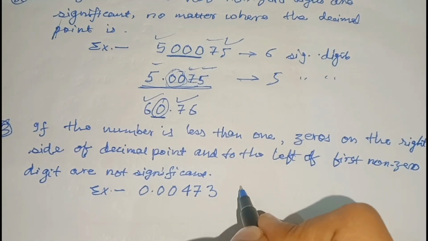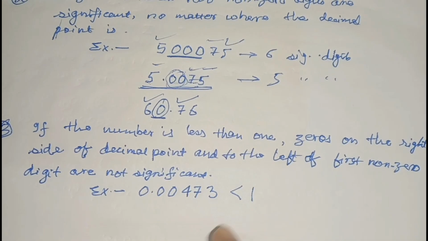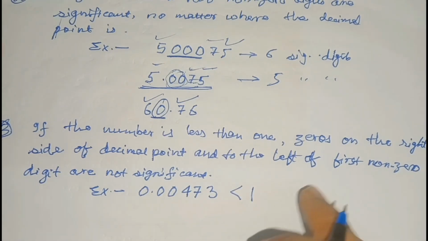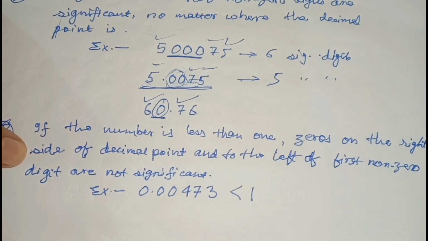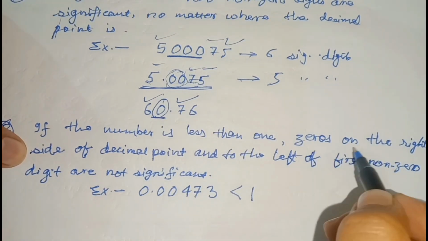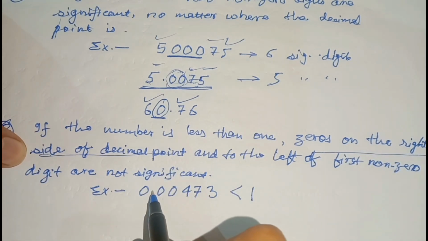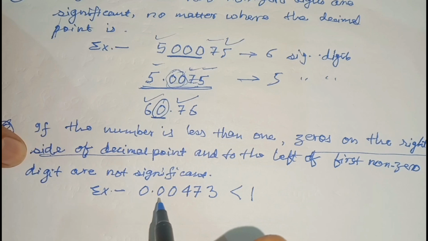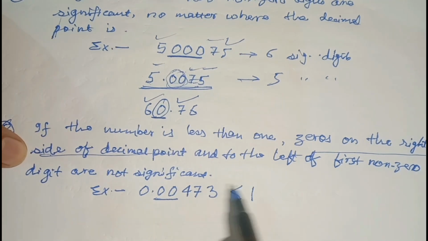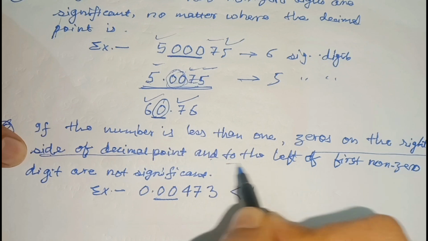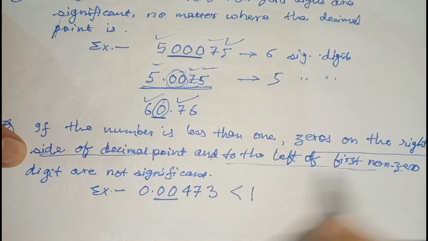We can see zeros on the right side of the decimal point, and the rule concerns zeros on the right side of the decimal point and to the left side of the first non-zero digit.